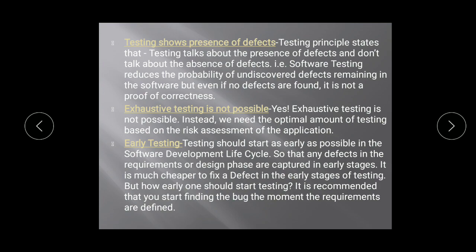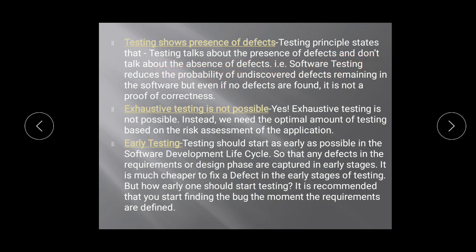As the name says, testing shows presence of defects. Testing is a factor which will help you check that yes, this product has a defect and we have to remove that defect. The testing principle states that testing talks about the presence of defects and doesn't talk about the absence of defects.